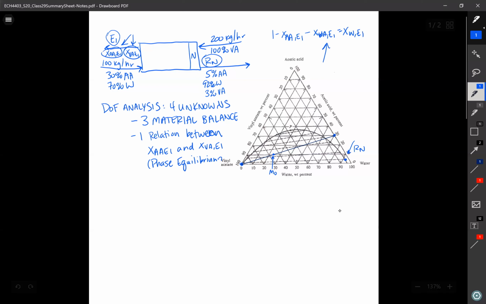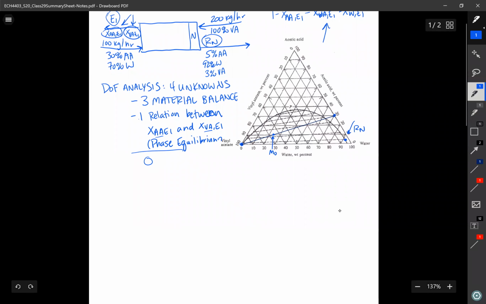The fact is that the composition of acetic acid and vinyl acetate are tied together because they must lie on the phase envelope. Therefore, if I knew, which I don't know, but if I knew what the coordinate for acetic acid was, I would be constrained to be somewhere on this line. So it takes away one of these degrees of freedom. So back to the overall DOF analysis, I've got 4 minus 3 minus 1. That is, of course, equal to 0, which means that I can theoretically solve this problem.